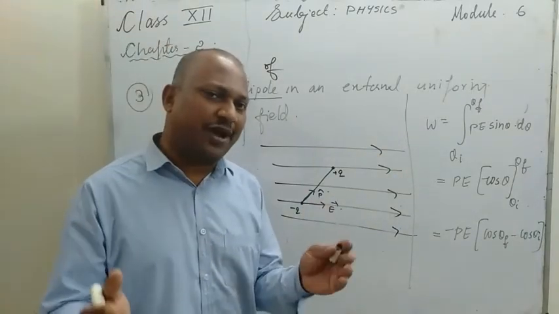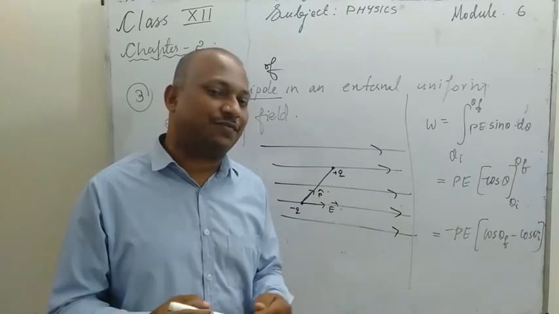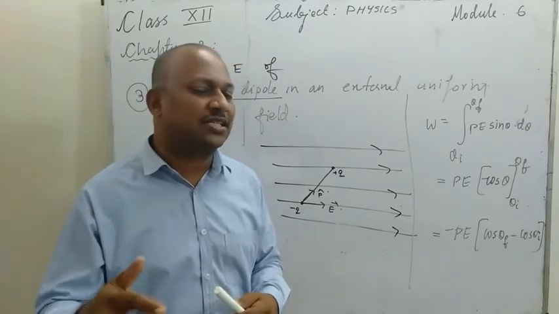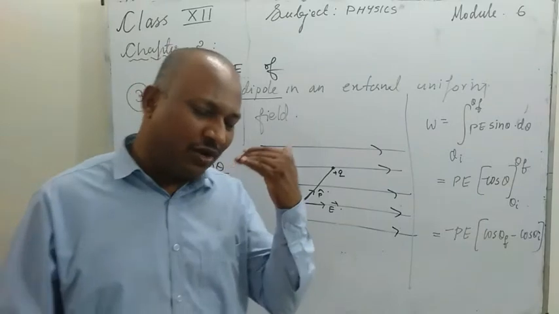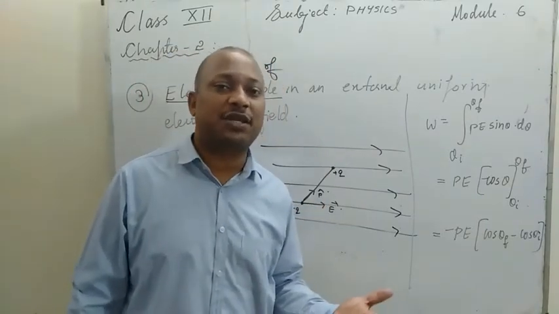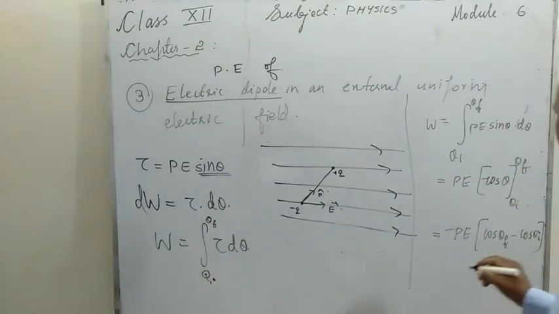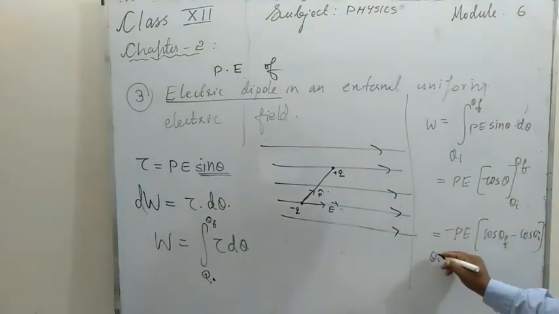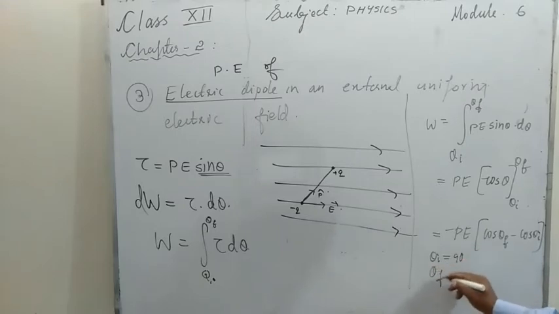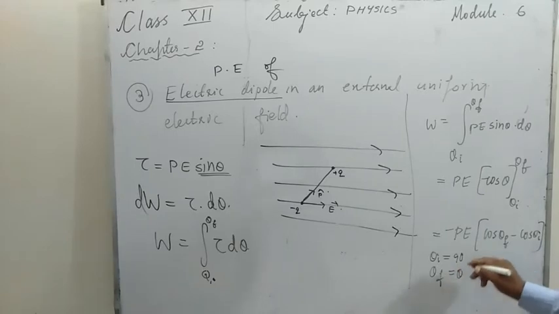But if you want to find exactly how much the energy is, we will keep the initial energy to be 0. In order to keep the initial energy 0, theta must be 90 degrees, because cos 90 is 0. So I am going to take theta initial to be 90 degrees and theta final to be simply theta.